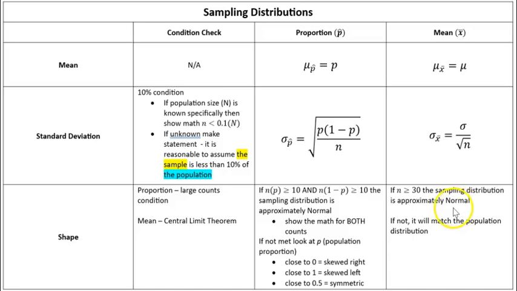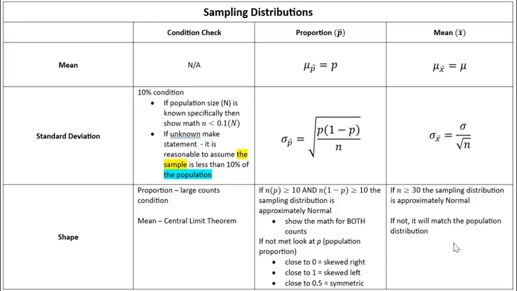Okay, then for the mean, the central limit theorem tells me that if my sample size is at least 30, then the sampling distribution is approximately normal. Okay, if not, if it's less than 30, then it's going to match the population distribution. So if I have a sample size of at least 30, or if my sample size is small but it's taken from a population that is normally distributed, then I can use normal CDF.